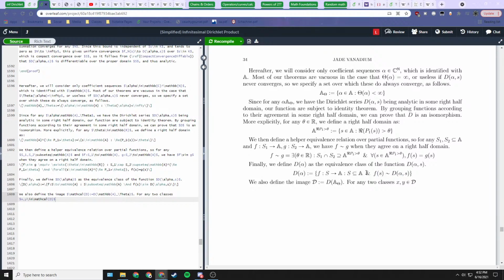We can also define script D as the image of this Dirichlet D alpha. So script D is the set of all these equivalence classes.